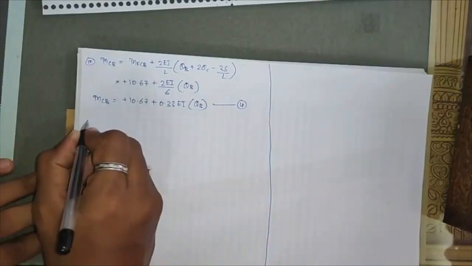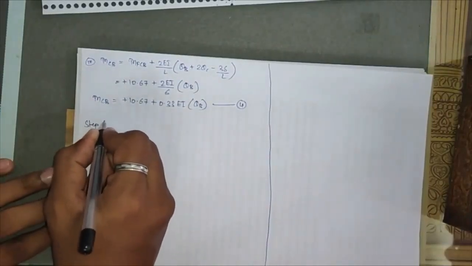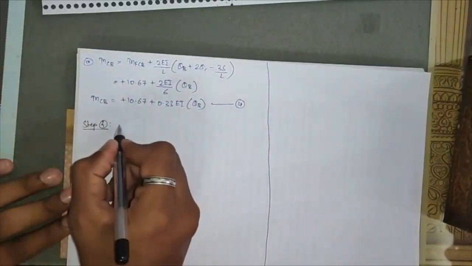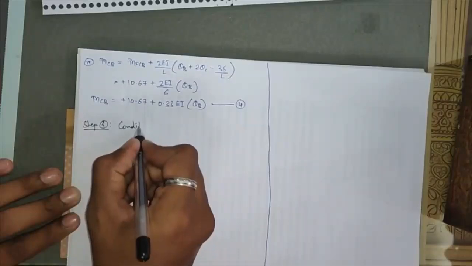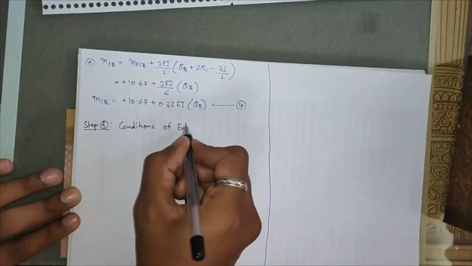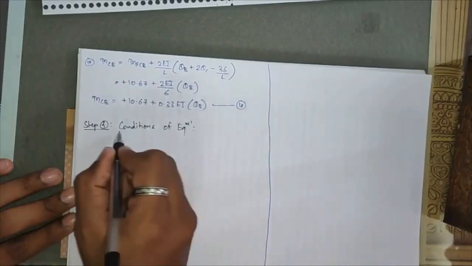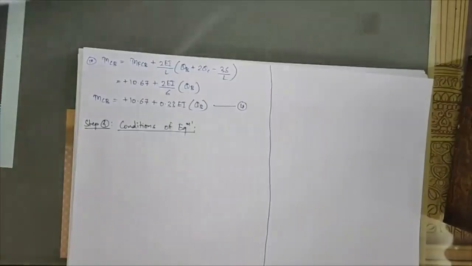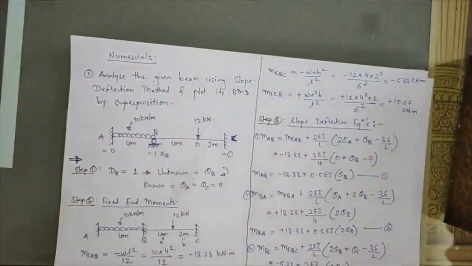Then we'll move to the next step, that is step number 4. Step number 4 is what? Conditions of equilibrium. Now conditions of equilibrium are what? These are the conditions which you can specify in your numerical.